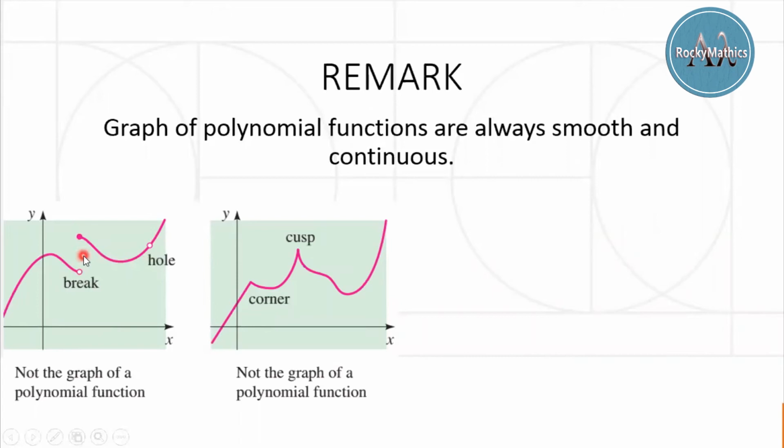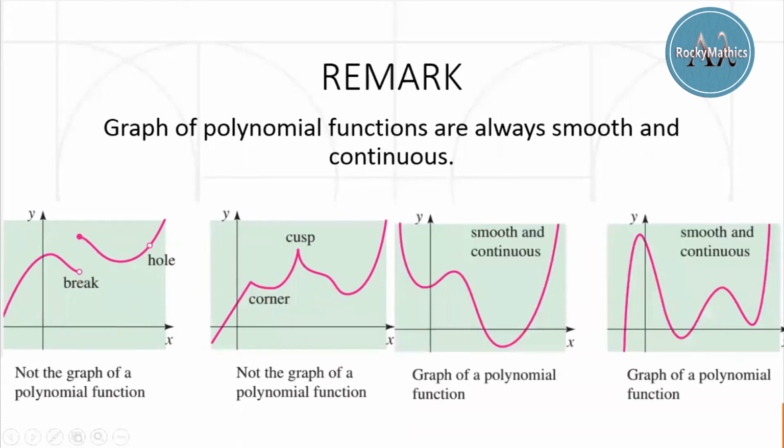Okay, it has a jump. This is still not the graph of a polynomial function because it has a cusp or a corner. It's not smooth. But these two here, these are graphs of polynomial functions. This is smooth and continuous. This is smooth and continuous. Okay?